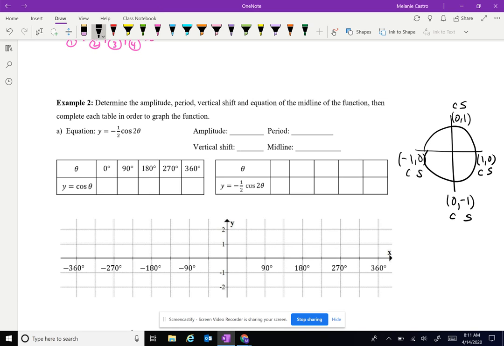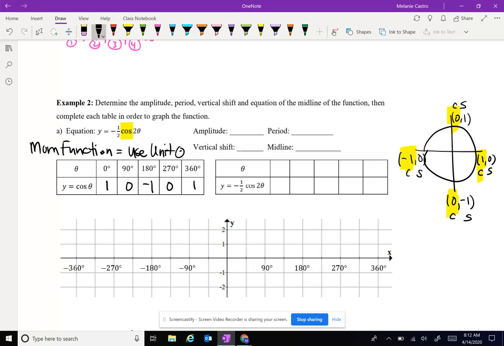So if my parent function is cosine, then I'm going to use my parent table first and fill in cosine for that mom function. We want to make sure that we're using our unit circle. So it goes the pattern 1, 0, -1, 0, 1.